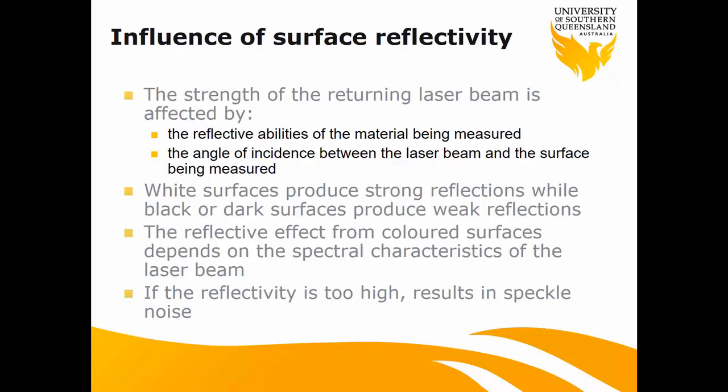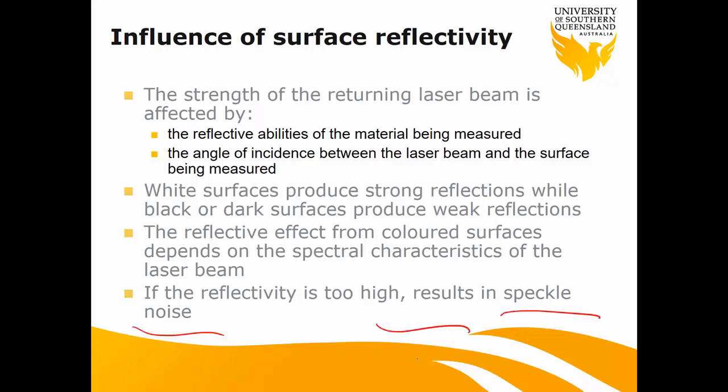And for some very special object surfaces, for example a mirror, initially we think that's probably a very good reflective material or surface, but it's not. For a mirror, you will get some kind of speckle noise.